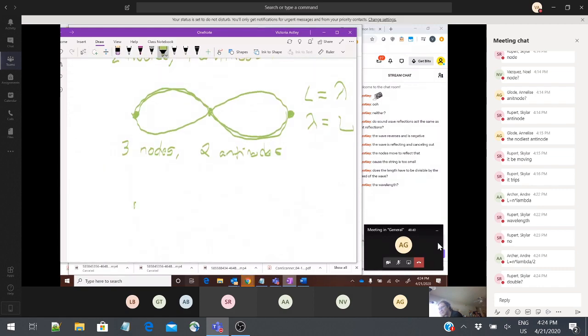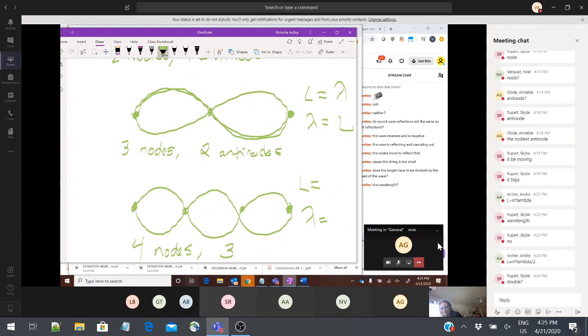Okay, my next one, I have same length. This is going to be a total of 4 nodes and 3 antinodes. So 1, 2, 3, 1, 2, 3. L equals lambda equals.